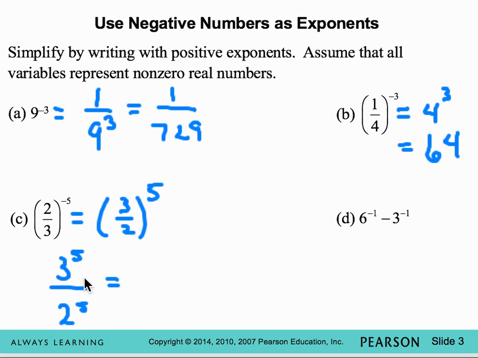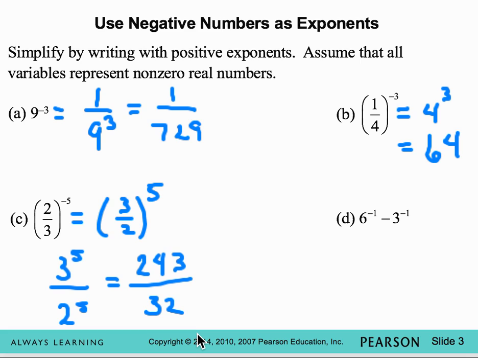So 3 times 3 is 9, times 3 is 27, times 3 is 81, times 3 is 243. Go over to the side and write it down if you need to. 2 times 2 is 4, 8, 16, 32.